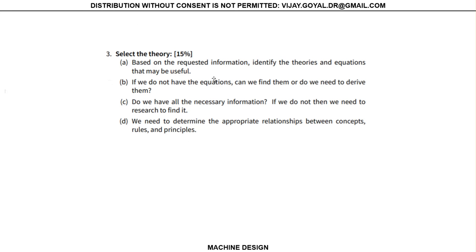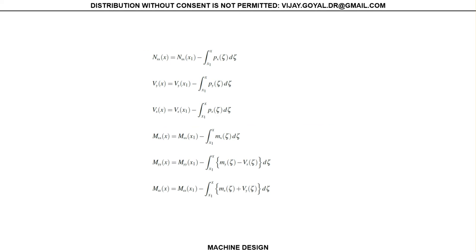Then, based on the information, give any theories and equations that you probably need to solve this problem. So you could say, I'm going to solve this, and these are the equations, and they come from Goyal notes, page 329, 330.